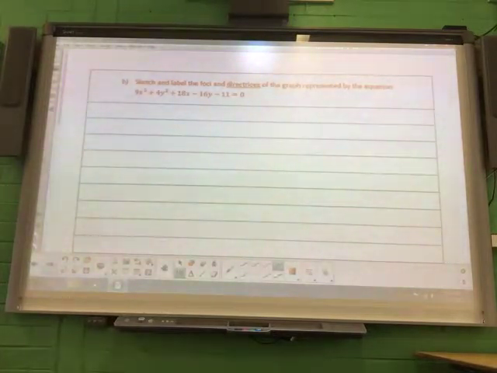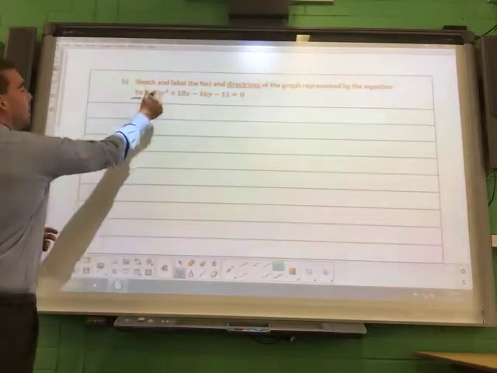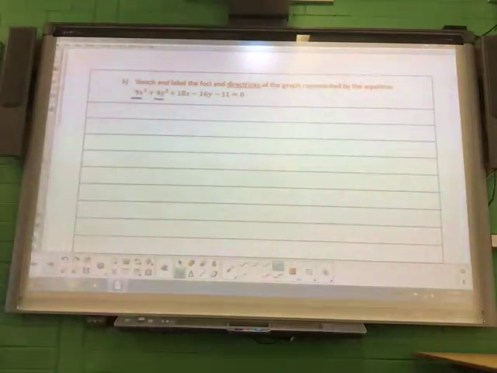Now, we remember doing circle questions in this form. We had to sketch the circle by completing the squares, etc. So the hint here is the coefficients in front of x squared and y squared are different, so it's not going to produce a circle. Now because they're different, they're going to produce either an ellipse or a hyperbola.